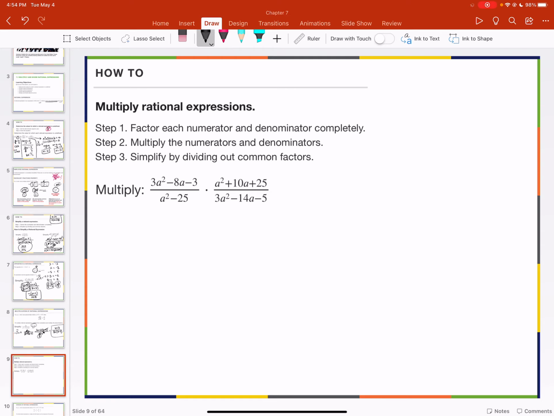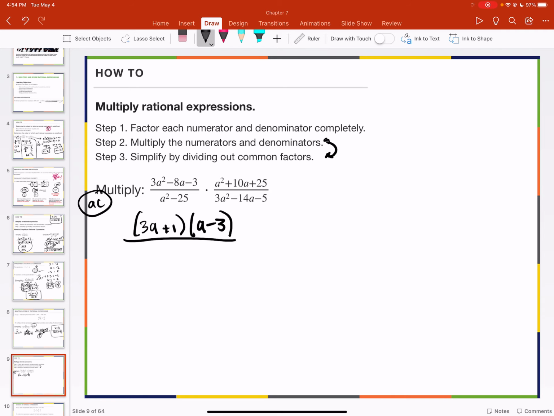So steps 2 and 3 can be in either order. Let's go ahead and do that. So here we have 3a squared minus 8a minus 3. So that's going to be 3a plus 1, a minus 3. And you can check that factoring if you want to use the AC method.